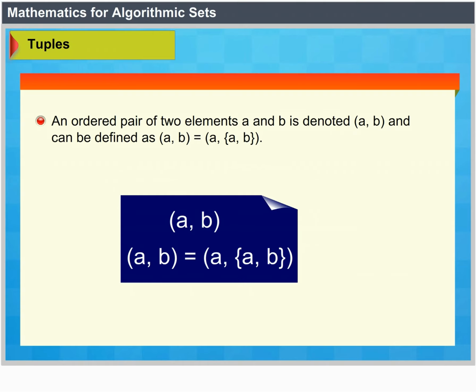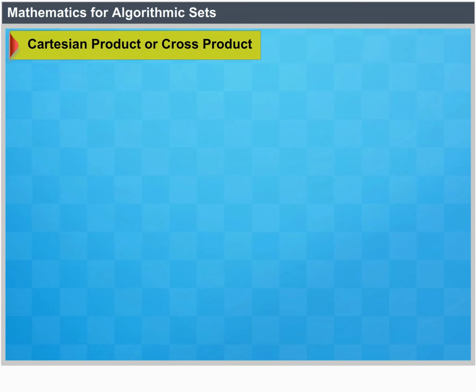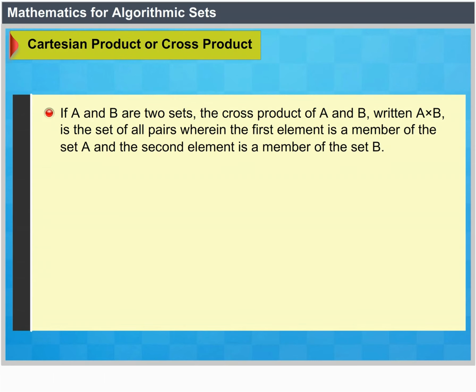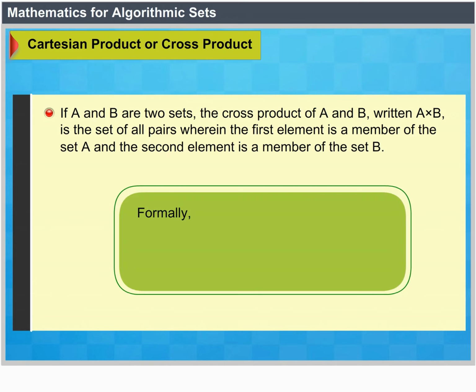Cartesian product or cross product. If A and B are two sets, the cross product of A and B, written A × B, is the set of all pairs wherein the first element is a member of the set A and the second element is a member of the set B. Formally, A × B = {(a, b) such that a belongs to set A, b belongs to set B}.